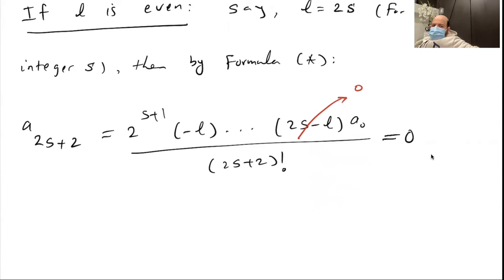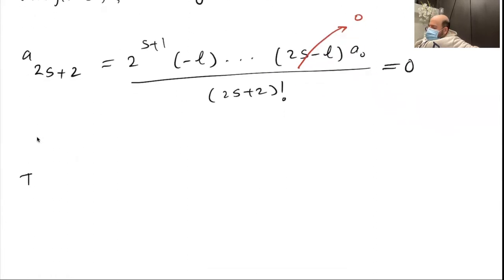Now that I know a2s plus 2 is 0, what can I say about the next even indices? Thus, a2s plus 4, which is some constant times a2s plus 2, is 0 as well.